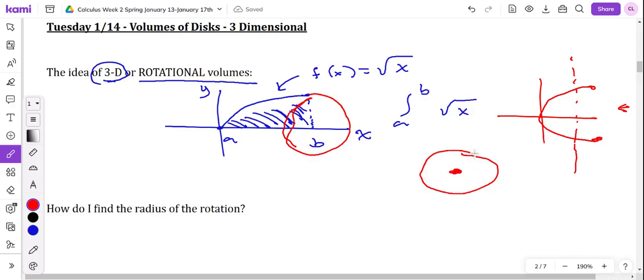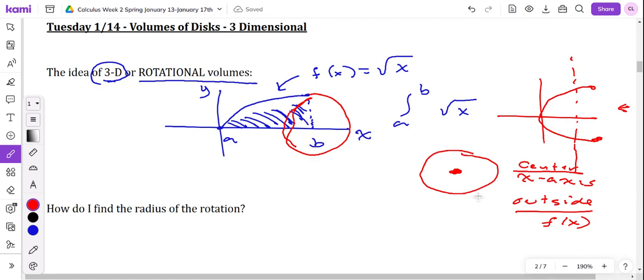I have this idea that I've got a disk, and this center circle right there, that's the x-axis. The x-axis is the center, and the function, or this on the outside, is f of x. So the outside line is f of x. I know that's kind of hard to see, and we'll have a better idea.